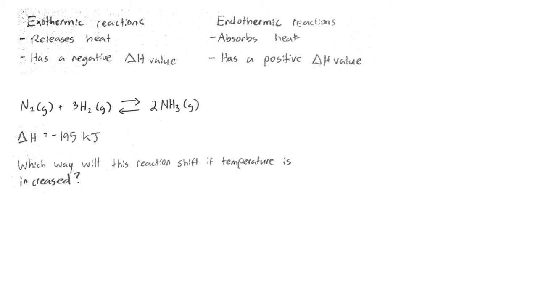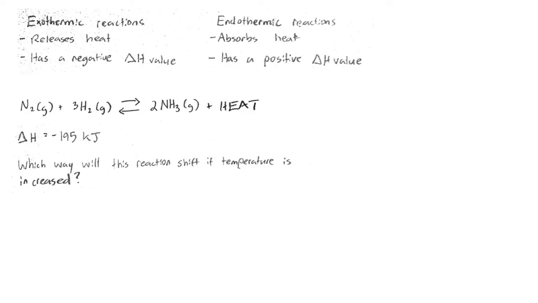Before we even look at this question, let's look at the reaction. This reaction has a negative delta H value, meaning that it is exothermic. Because heat is being released in this reaction, we can think of heat as a product. Now let's take a look at this question. Which way will this reaction shift if the temperature is increased? If I raise the temperature, then what I'm essentially doing is increasing the amount of heat, which is a product.